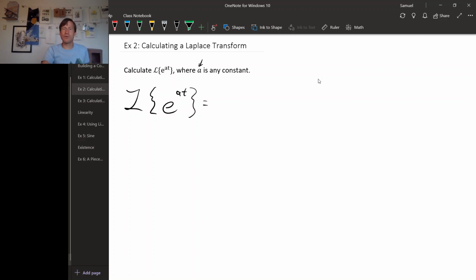So just using the formula for the Laplace transform, this is the integral from 0 to infinity of e to the minus st times e to the at dt. When I see these two exponentials being multiplied, I want to put them together.